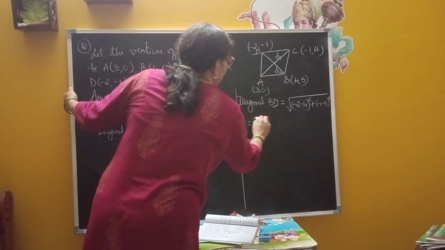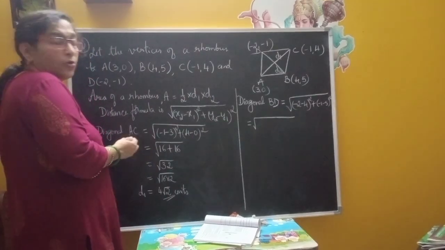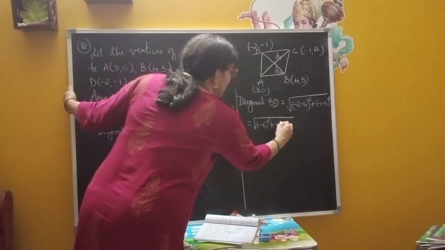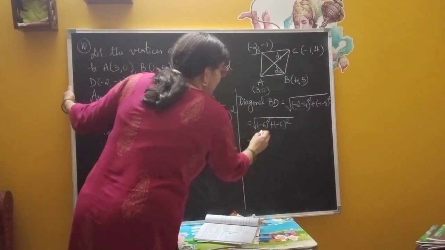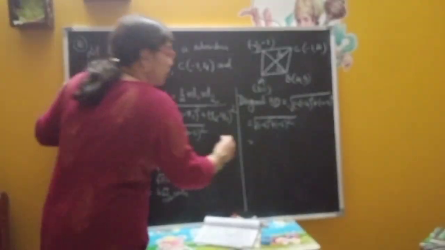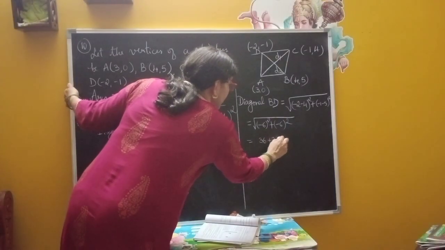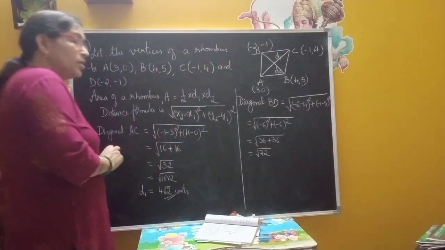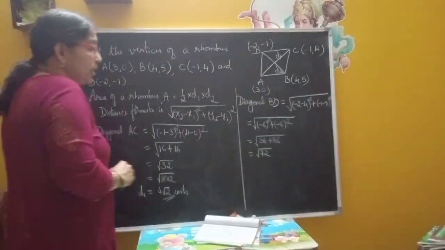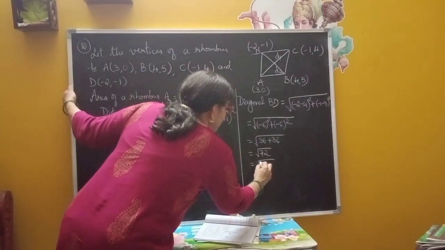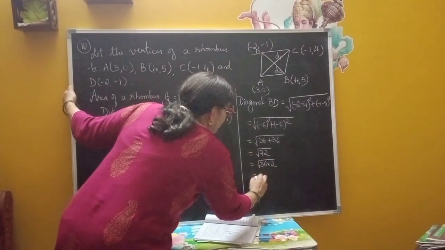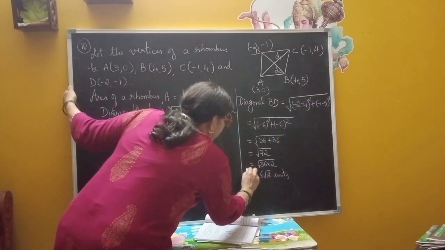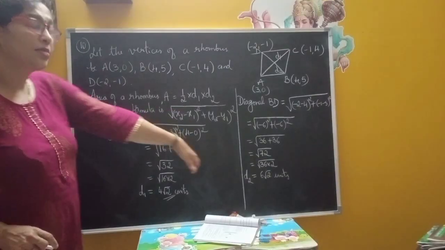So minus 2 minus 4 is minus 6 whole square, plus here also minus 6 whole square. Minus 6 square is 36, and minus 6 square is also 36. So 36 plus 36, how much is it? 72. Can we write 72 as 36 twos? Yes. The square root of 36 is 6, so 6 root 2 units. So the length of diagonal BD, that is d2, is 6 root 2 units.